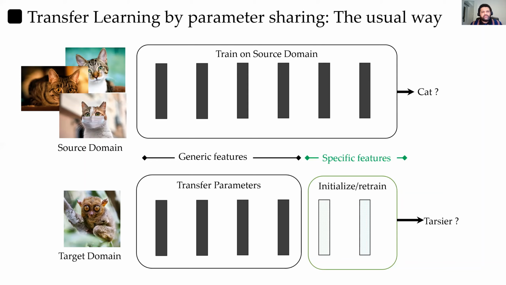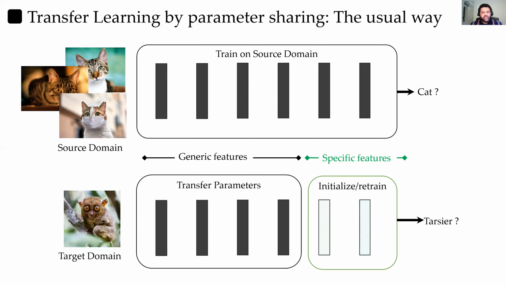It turned out that if we train a model on cat images for classification purposes, the first layers of that model learn generic features that are common between animals. And it can be useful if we transfer those learned features, those common features, to our model, which will be trained on the target domain.